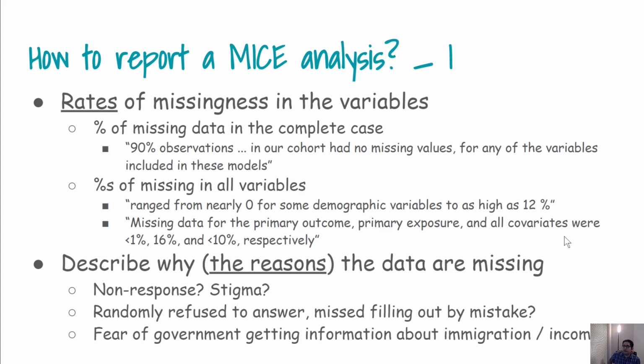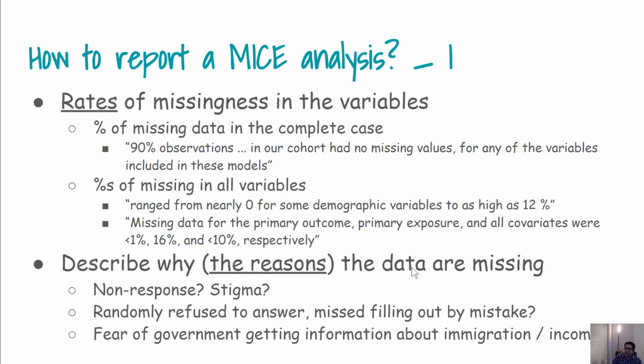You should think about reasons for why the variables have missing data. Is it because of some sort of stigma? Was that a question that was randomly refused to answer? Maybe they were filling something in by mistake, or were they fearful about government intervention, that government is collecting their information?